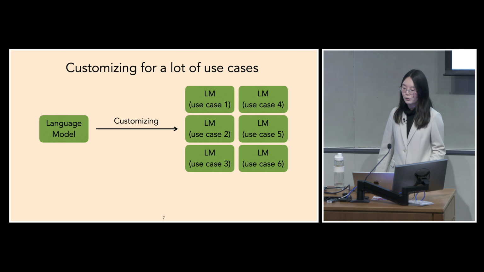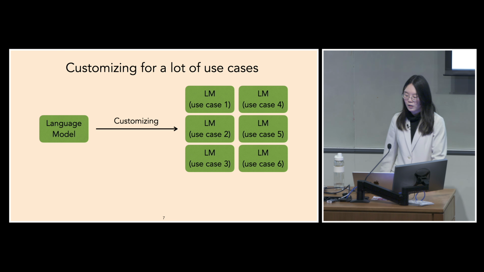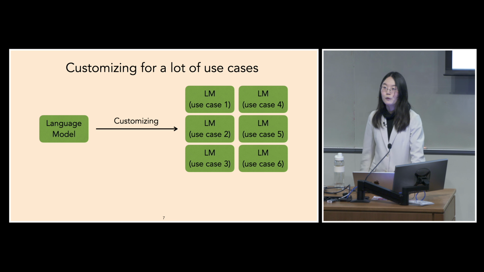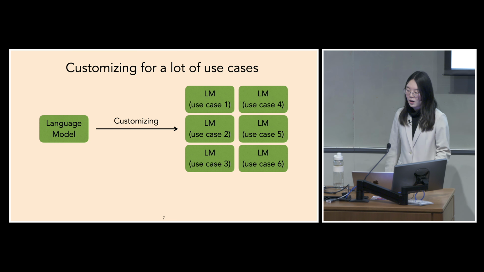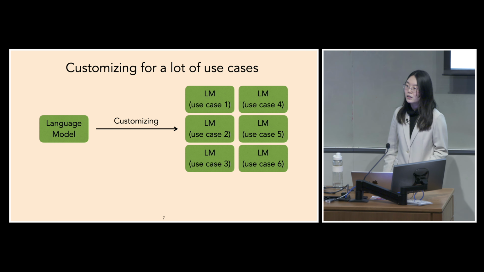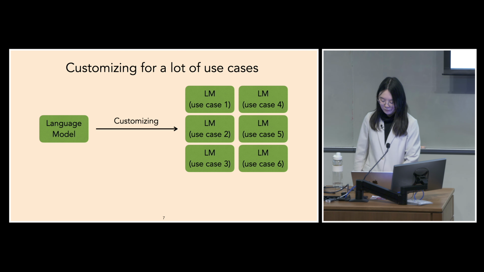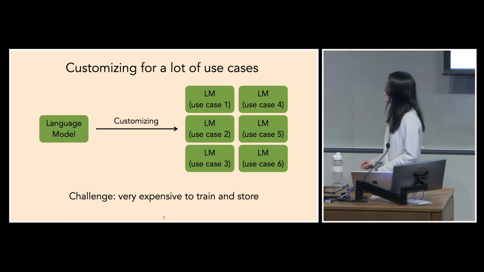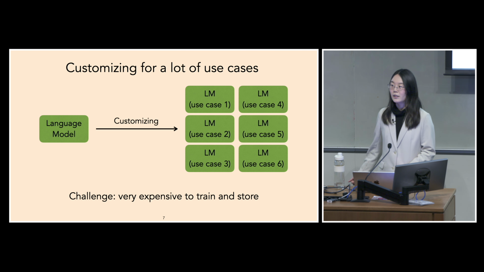So how should we control the language model for such a wide range of different use cases? Imagine that we get thousands of requests per day customizing models for different use cases. For each request, we would fine-tune a model on the provided data. And this results in thousands of different models, each with billions of parameters. So this is very expensive to both train and store such models.